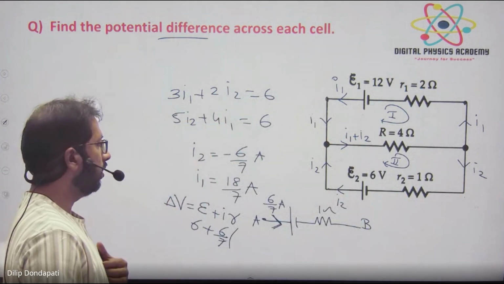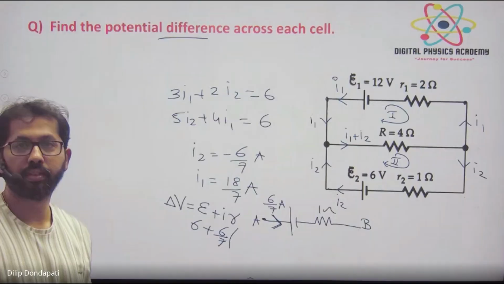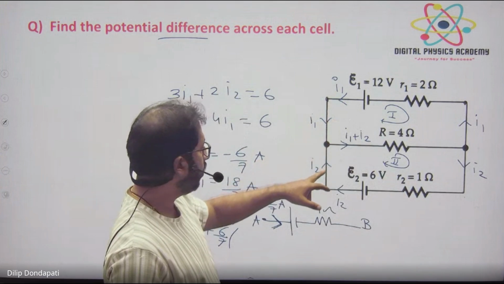Okay. Chalo. Now, sir, I have one doubt. Why can't we use V equals IR and take I1 and I2? Sir, can't we just take V equals IR to find terminal voltage?